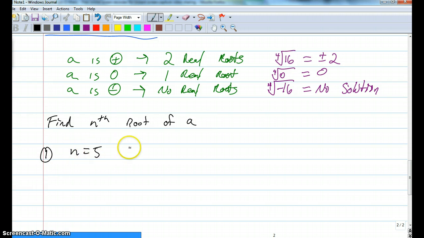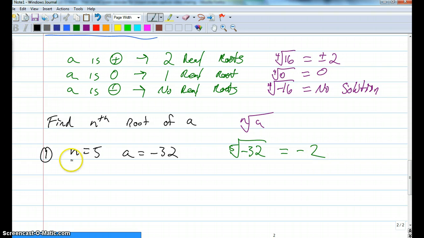Example 1: n equals 5, a equals negative 32. Well, again, this all goes back to the nth root of a. So what we're saying here is, the 5th root of negative 32. What times itself 5 times is negative 32? That's right, it's negative 2. All right. How about another one? Example 2: n is 4, and a is 625.